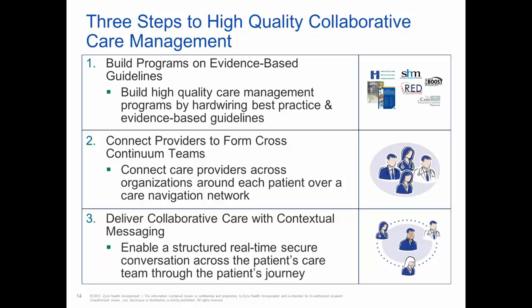They also wanted to be able to connect providers to form cross-continuum teams. And what that meant is, across the entire care navigation network, what is the mechanism by which all individuals who touch this particular person and their family can in fact have visibility into the plan? And then the third piece was, can they have real-time context-specific messaging?